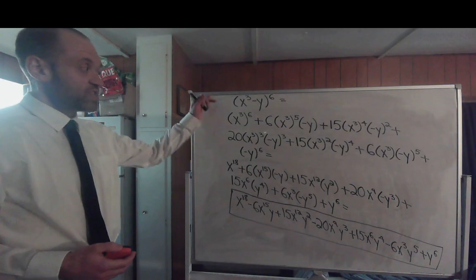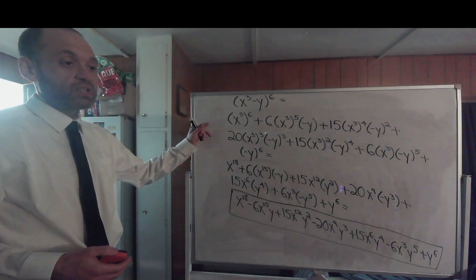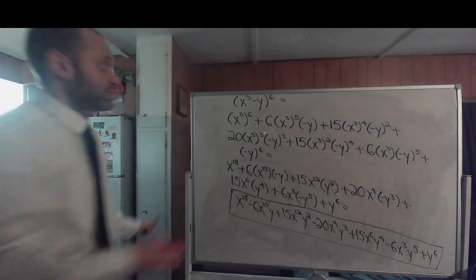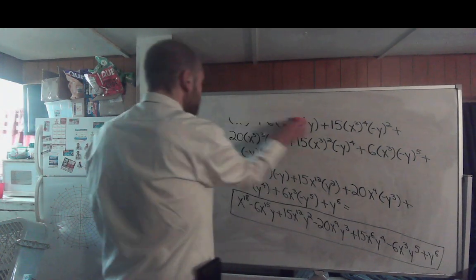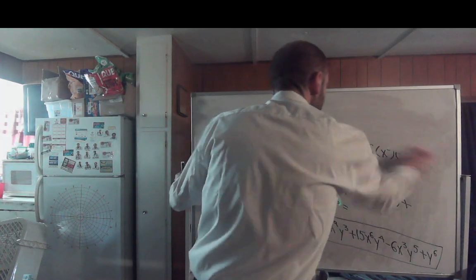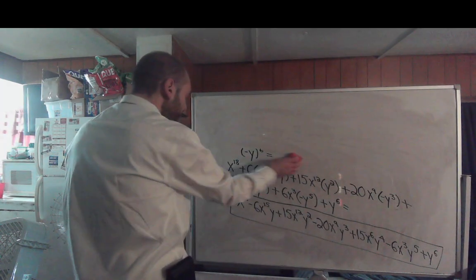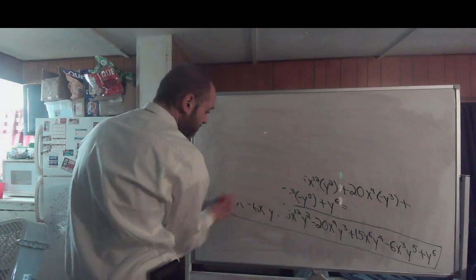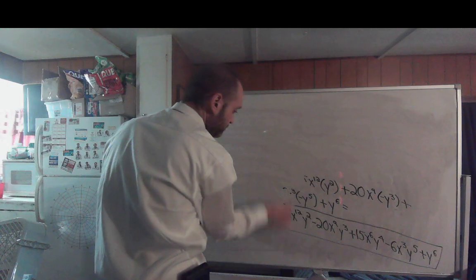Alright, so these have just been some basic binomials. Let's do a couple that have fractions. We'll do 2 that have fractions, because you can do them with more than just basic binomials.